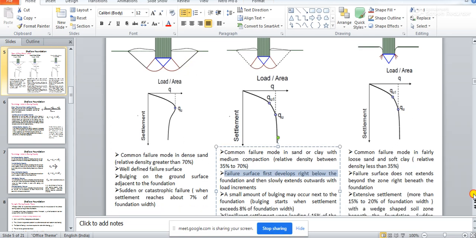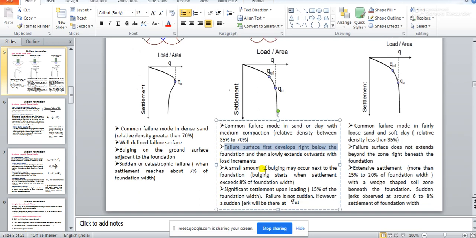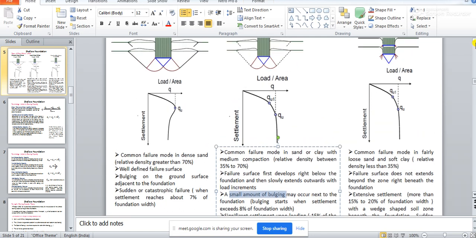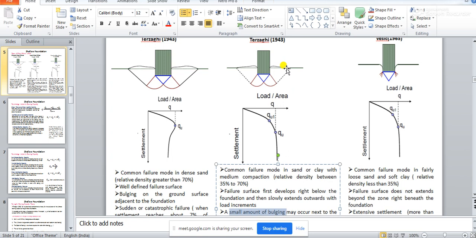So you see, with a small increment there is a small amount of bulging, as we have seen in the above figure, which may occur next to the foundation. So a small amount of bulging may come or it may not come, we don't know, but probably it will come.